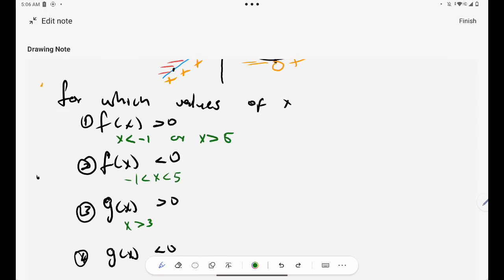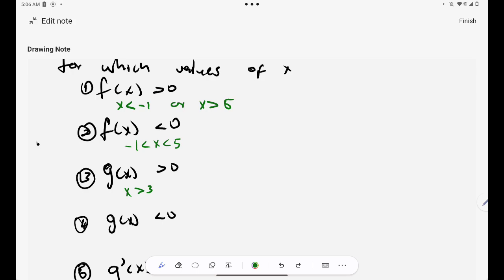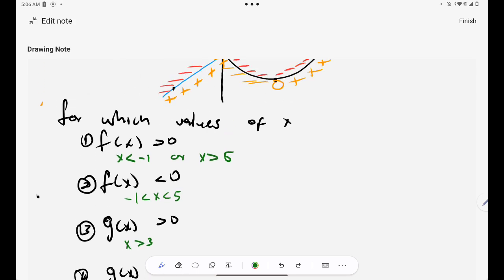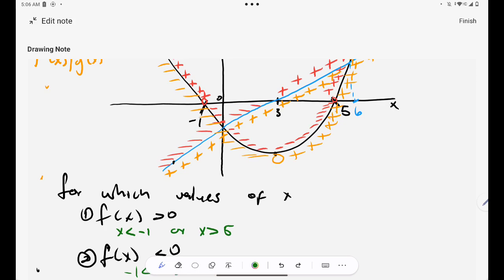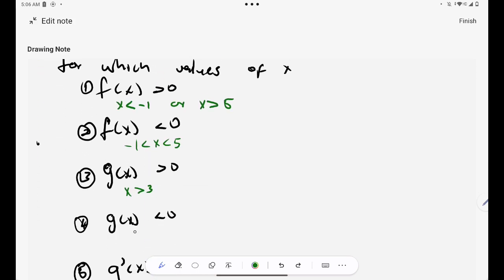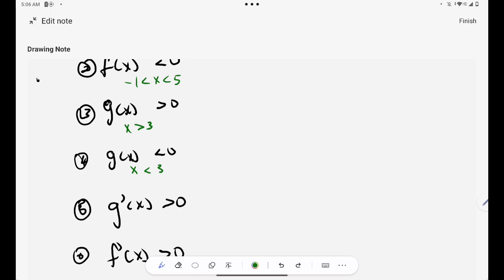Now together, and then for which values of x is the graph of g negative? The graph will be negative whenever it is below the x-axis. So when x is less than 3, the graph of g will be negative.